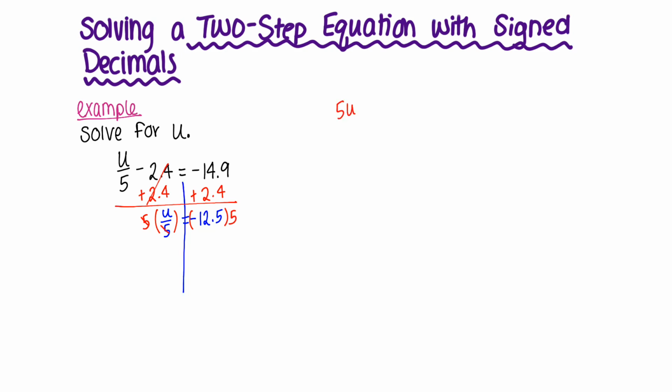Now, if I had 5u equals negative 12.5, that's when I would be dividing both sides by 5. But if you have u over 5 equal to negative 12.5, you need to multiply both sides by 5. So I'll erase that. So I get u equals, on my calculator, I'm doing negative 12.5 times 5. And I get negative 62.5 as my answer.